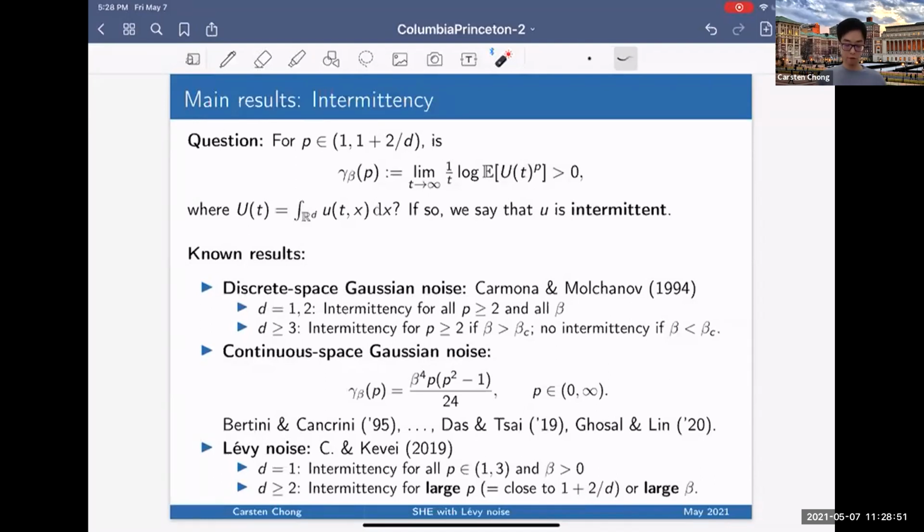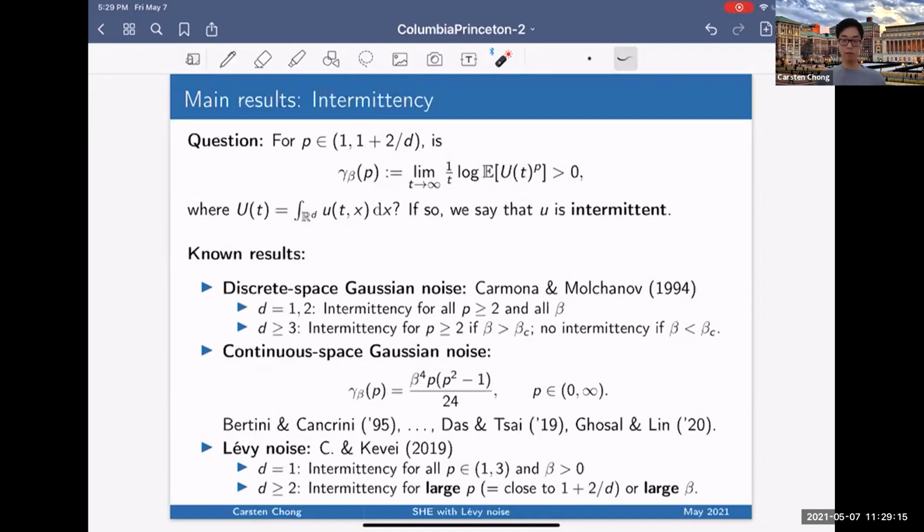If you compare with that result, you may say this is expected, because probably you will have something similar. We were only able to prove that we have intermittency for large beta, but not that we don't have intermittency if beta is small. Okay, so that's the current state of the art.